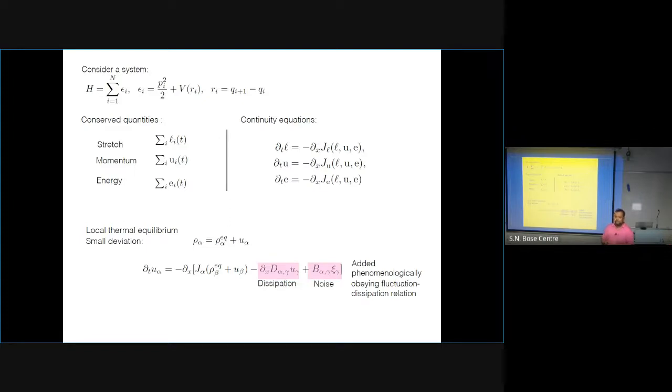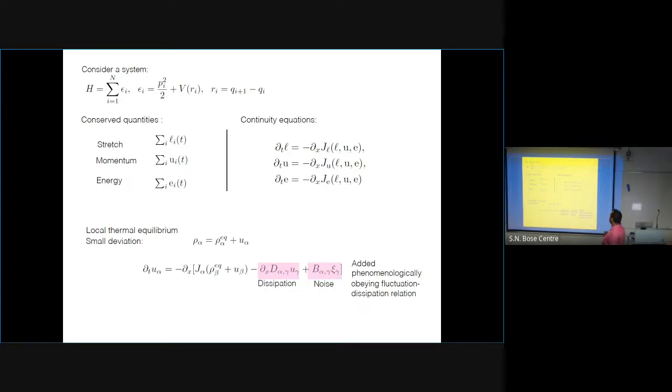Once you write down this current averaged in the local equilibrium state, those currents will be functions of the local temperature, pressure, and other conserved quantities, in general chemical potentials. And by the local equation of state, those chemical potentials can be expressed in terms of the local values of the field itself. That's why these currents will be functions of the local values of the field itself.